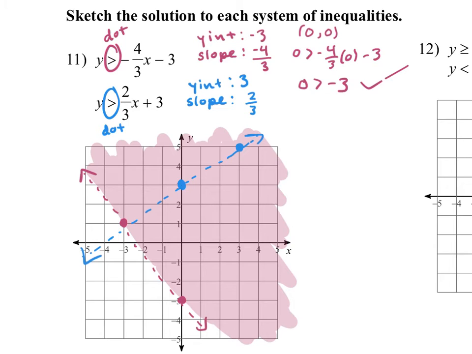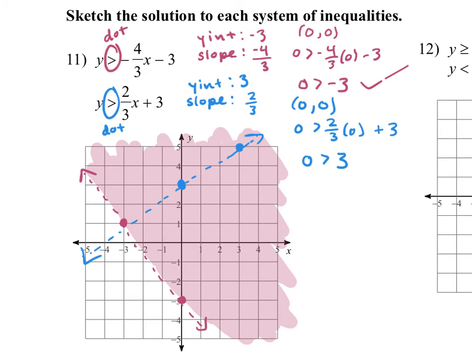What do we do next? Plug in 0, 0. So 0 is greater than 2/3 times 0 plus 3. So 0 is greater than 3.